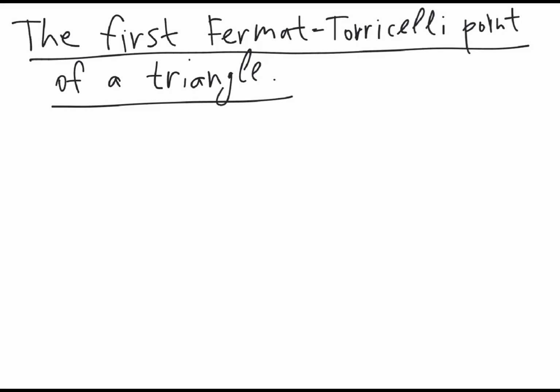Okay, in this video I'm going to talk about the first Fermat-Torricelli point of a triangle. So let's say that we have an arbitrary triangle, and what we do is we construct equilateral triangles on the sides, to the outside of the original triangle.